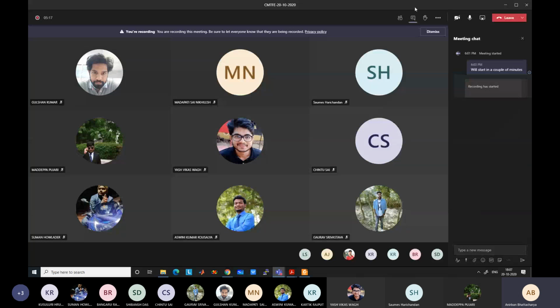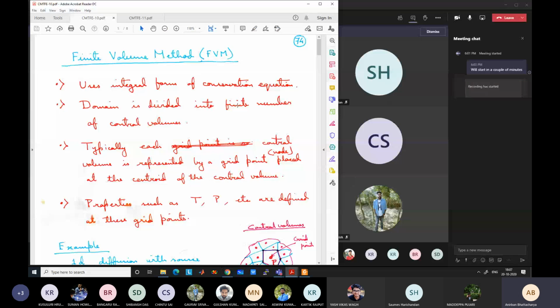So let us continue our previous discussion. In the previous class, we had started discussing the second method for discretization, which is the finite volume method. Previously, we had discussed the finite difference method, and we noted a few advantages and disadvantages of it.